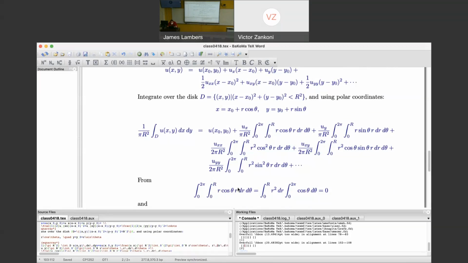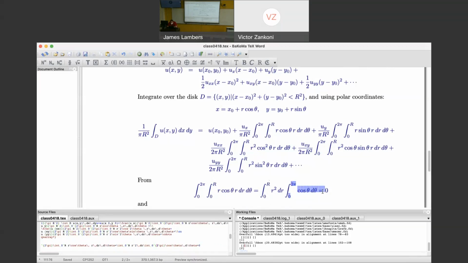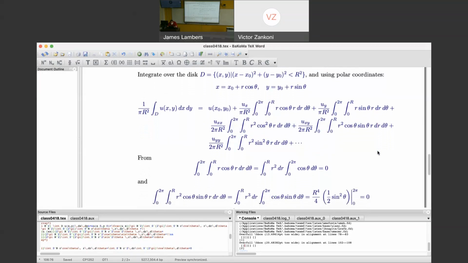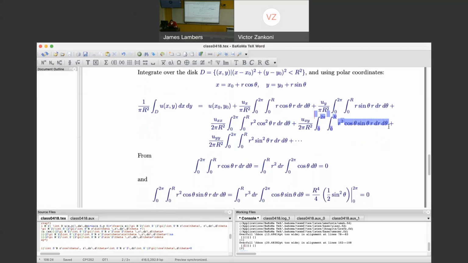This can be separated into a product of 2 integrals. One is r squared dr, and the other is cosine theta d theta, but the integral of cosine from 0 to 2 pi is going to be 0. So this whole term is going to go away. This term will also go away. And this one also.